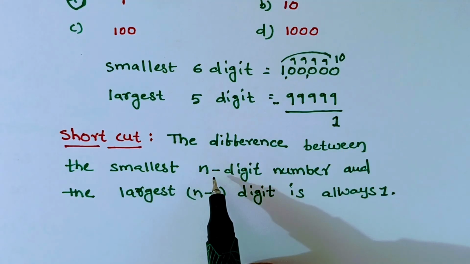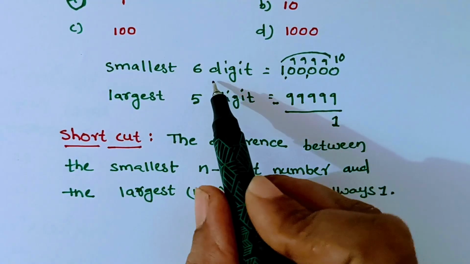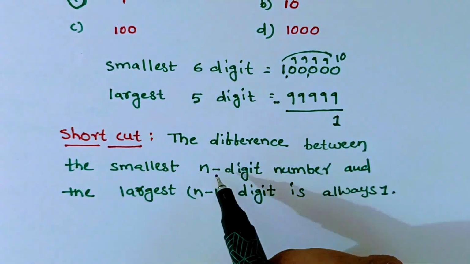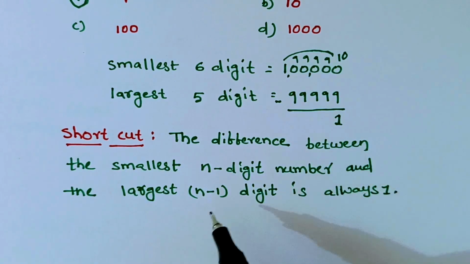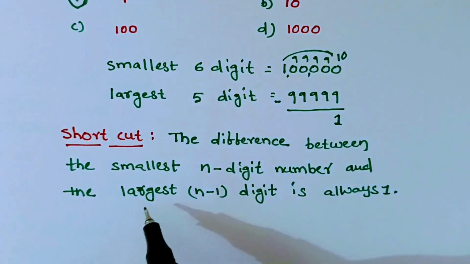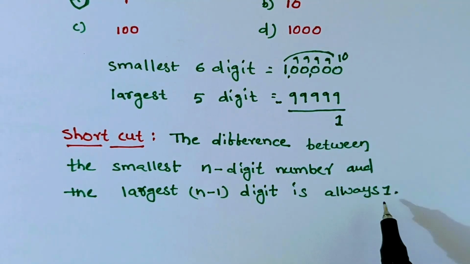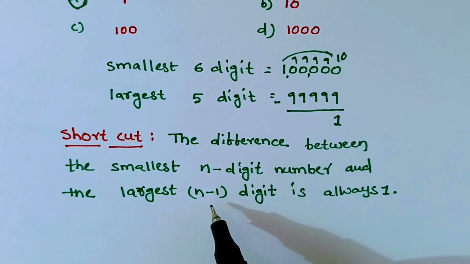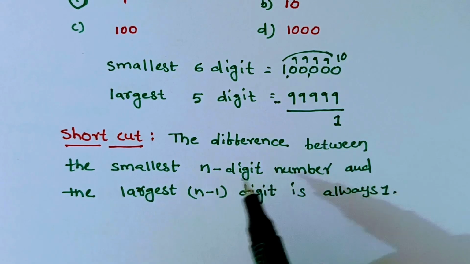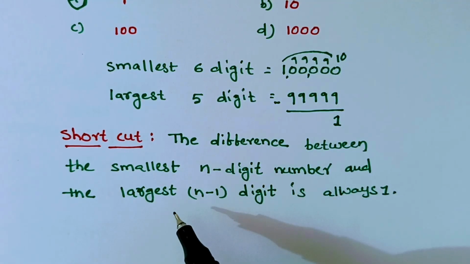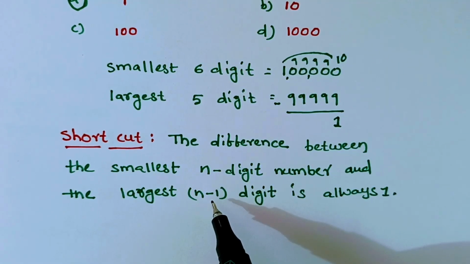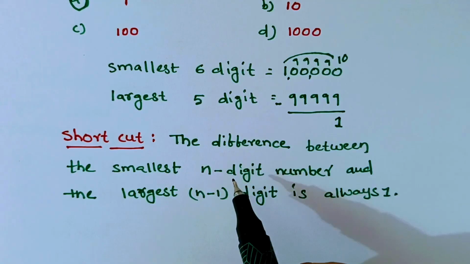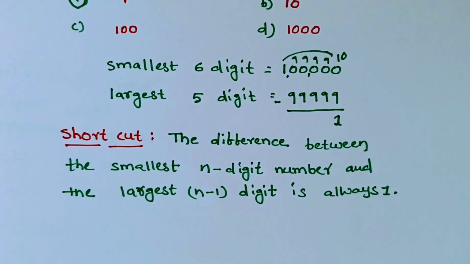Smallest n-digit number means the smallest 6-digit number, where n means 6, and n-1 means a 5-digit number. For example, n is 5, n-1 is 4. So the smallest 5-digit number and the largest 4-digit number, the difference between the two numbers is always 1.